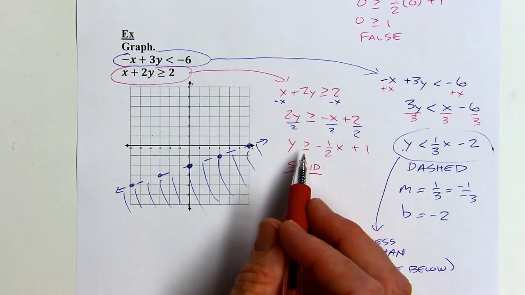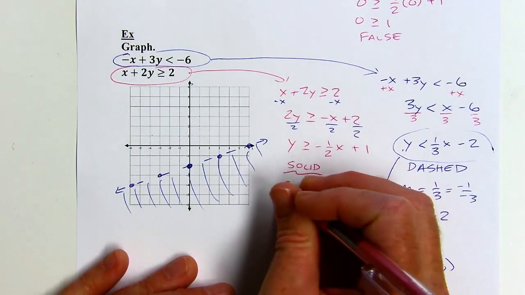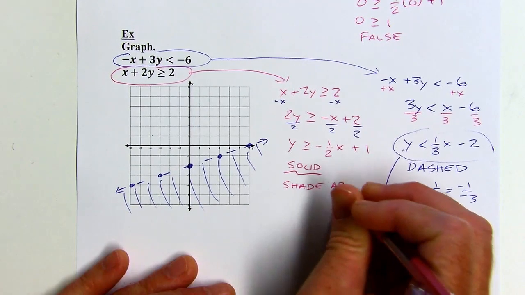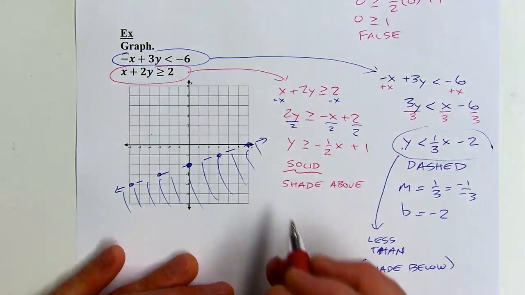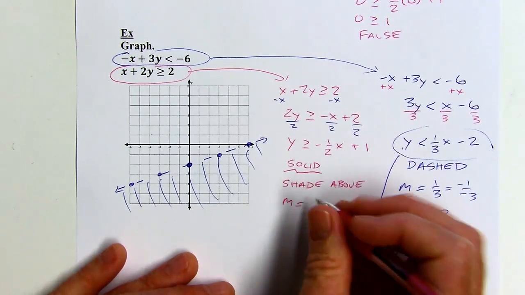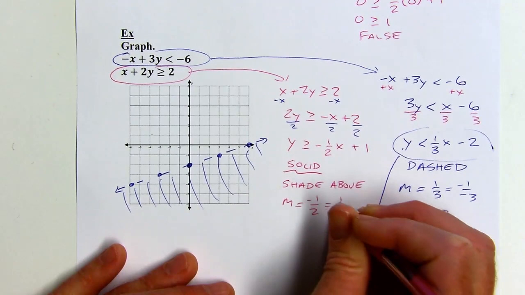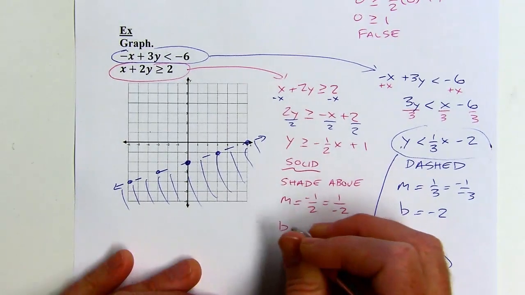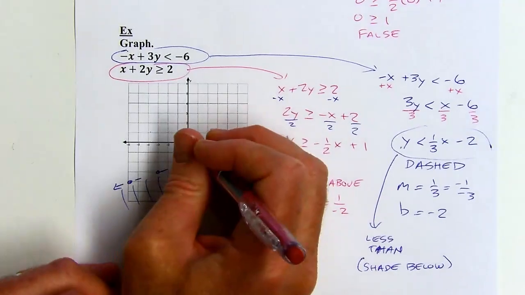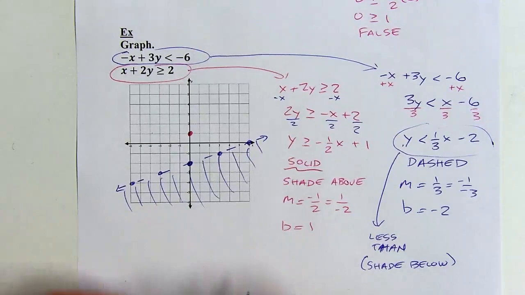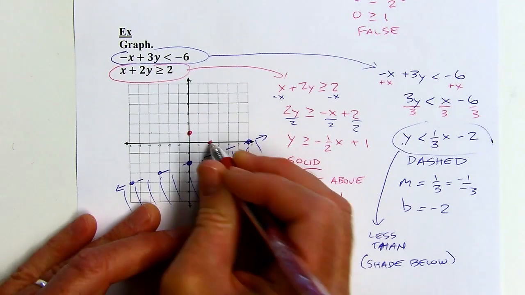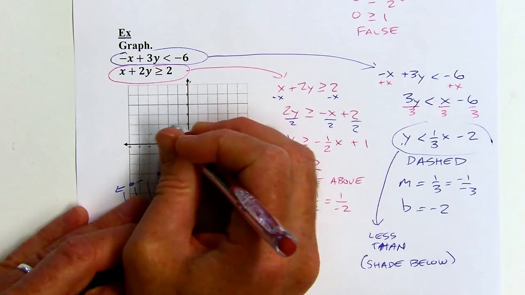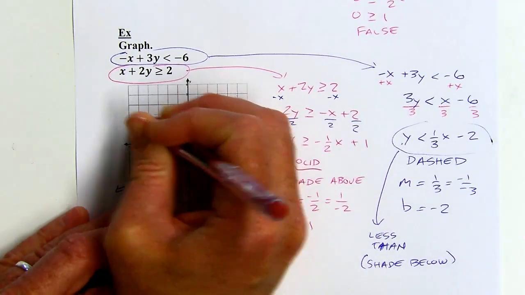This says greater than, so I'm going to shade above this line. It says greater or equal to, and I'm going to be shading above this line. Okay, and then I can see my slope is negative 1/2. You could think of it in either of these ways for rise over run. And then my y-intercept is 1. So I got a y-intercept here at 1. And then I'm going to go down 1 to the right 2, down 1 to the right 2, all the way down, or I could go up 1 to the left 2 for each, all the way across.